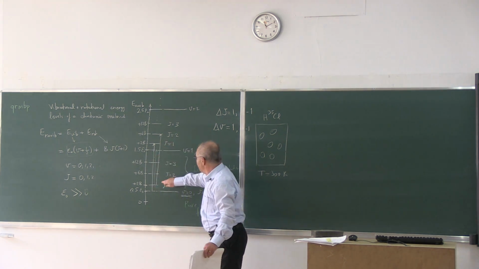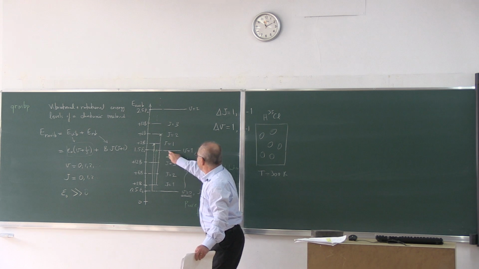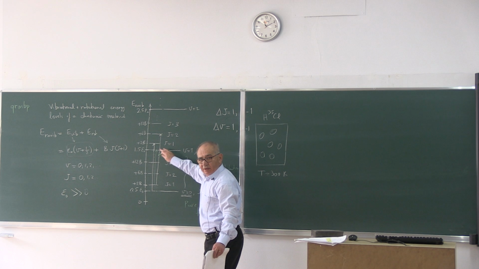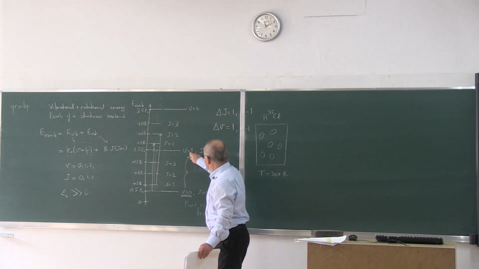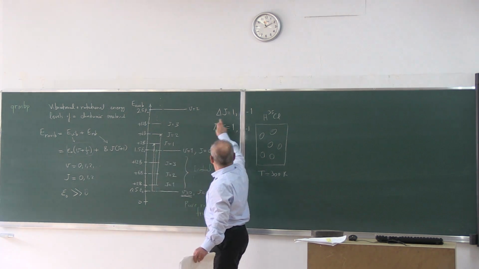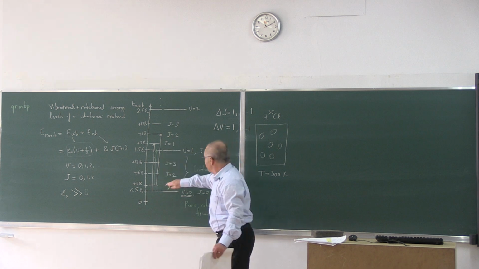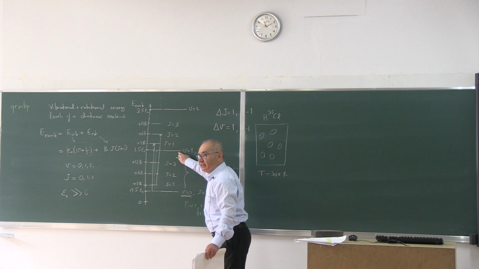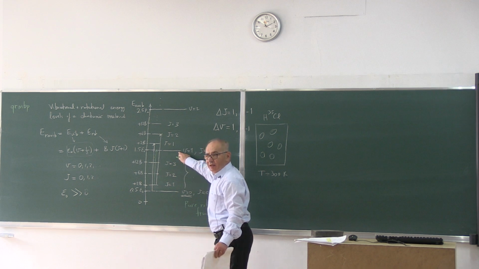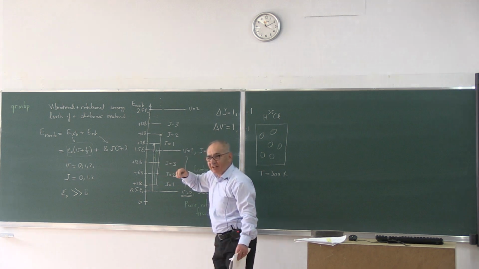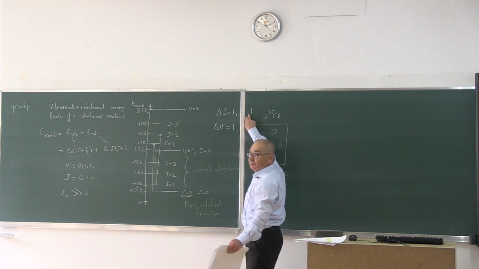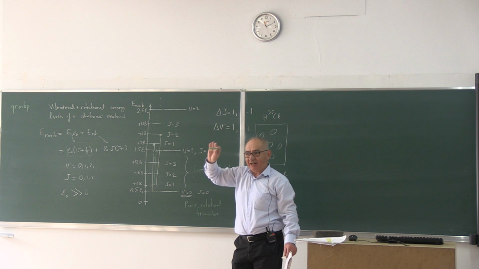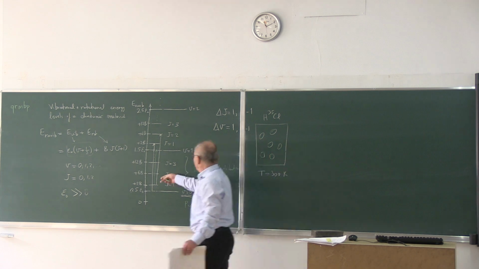This is absorption. But again, the vibrational state changed. So delta V is plus 1, which is satisfied. What about J? Initial J is 1. Final J is 0. What is delta J? Minus 1. This is absorption. Remember, it is not emission. As you see here, absorption.